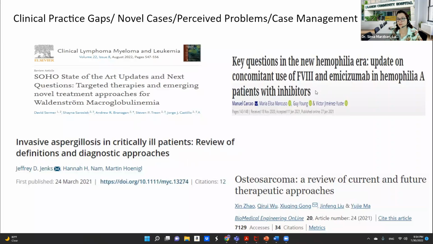Or here you can find key questions in the new disease era. You can find these terminologies: review of definitions and diagnostic approaches, key questions in the new disease era, emerging novel treatment approaches for a specific medical condition, a review of current and future therapeutic approaches.